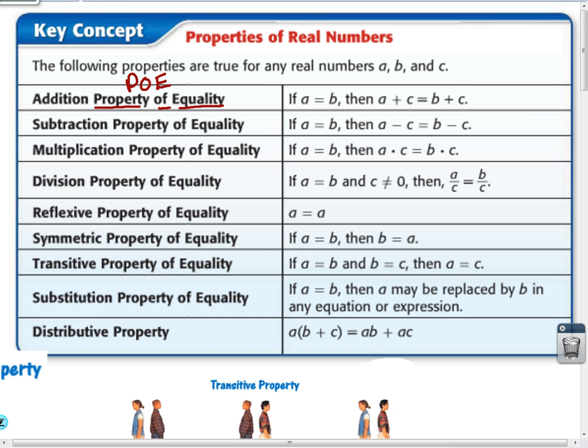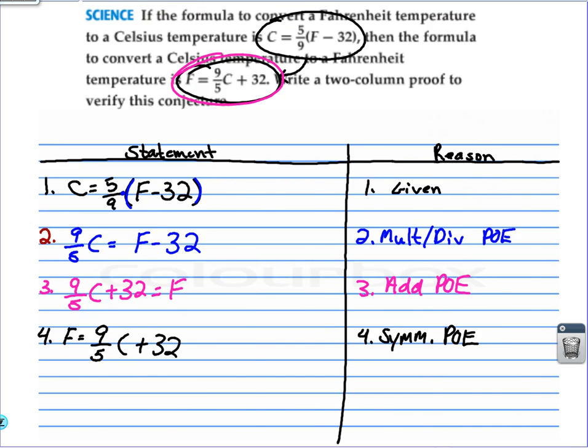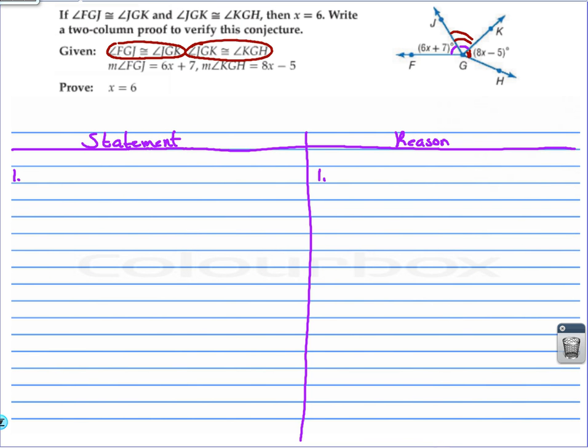All these properties that I gave you yesterday, the addition property of equality, is that a congruent sign? No, it isn't. Do you see any congruent signs anywhere on this page? No. So when you're performing proofs, for now, when it says that two things are congruent, you can't use the addition property of equality.